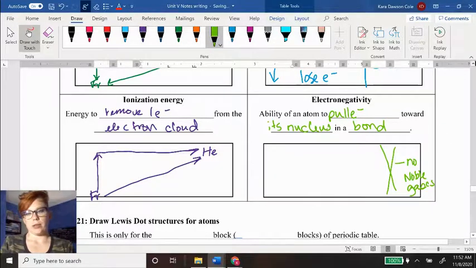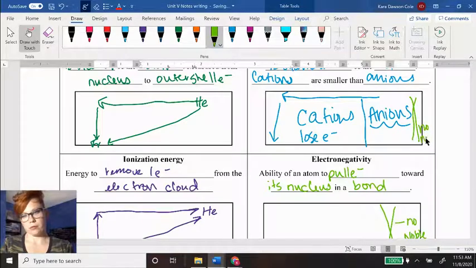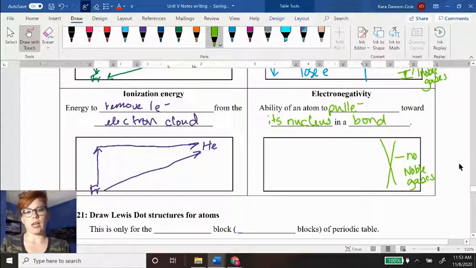I should have said that up here as well. For cations and anions, there are no noble gases in this either. So I would say that iodine would probably be one of the largest here, just because of the fact that it's an anion and it's on the very bottom.